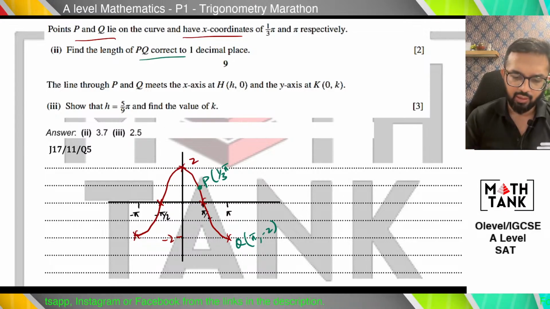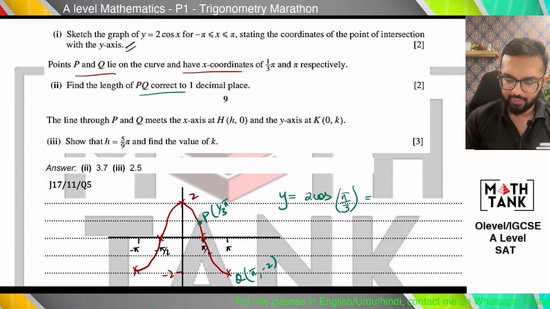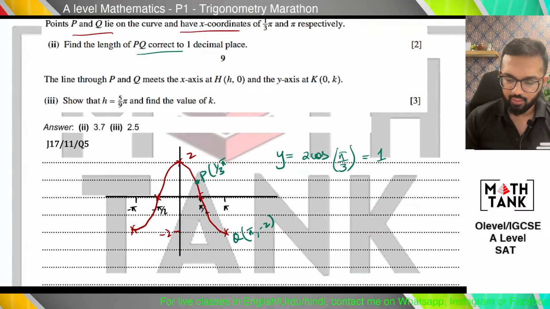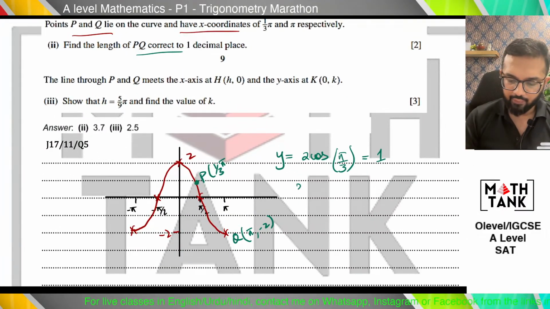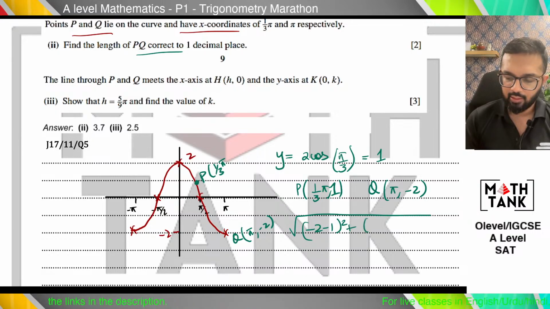Find the length of PQ correct to 1 decimal place. So I'm going to have to find the y coordinate of this, I think it's going to be 1. Okay, so I have 1 over 3 pi comma 1, the distance between the points P and Q. So that's, I think, simple. y2 minus y1 whole square and x2 minus x1 whole square.